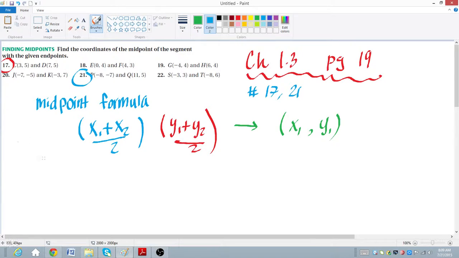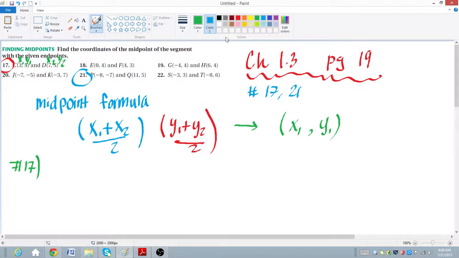And let's look at number 17. So here I have the points, x1 y1 and then x2 y2.